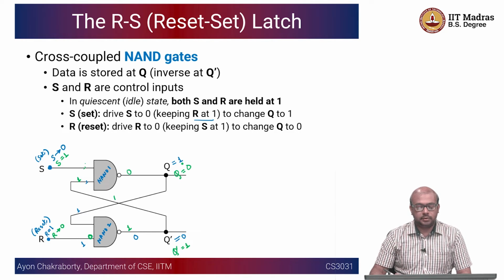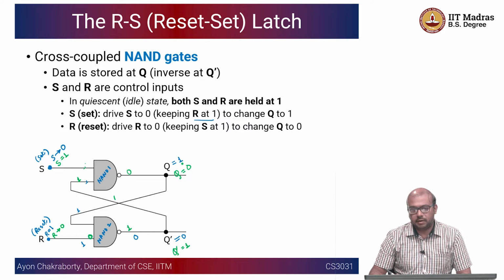So these are the two things that we can use to change the value of Q using the set and reset inputs. If you want to set the value of Q to 1, then put S equal to 0 holding R at 1. If you want to reset the value of Q to 0, put reset to 0 and set to 1. Just vice versa.